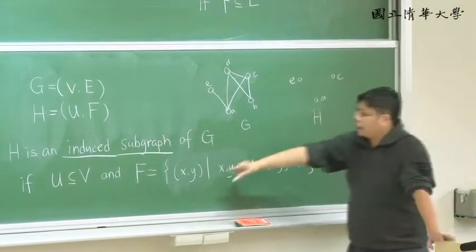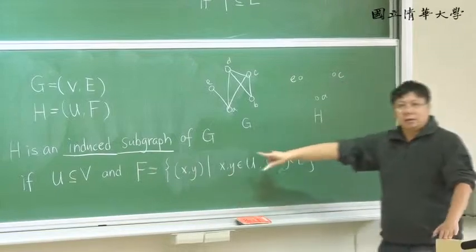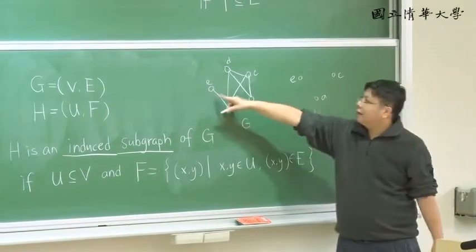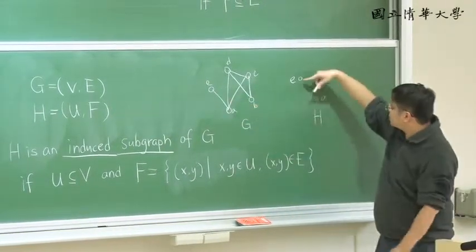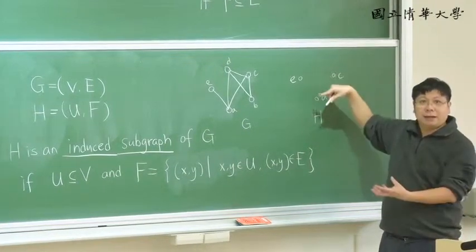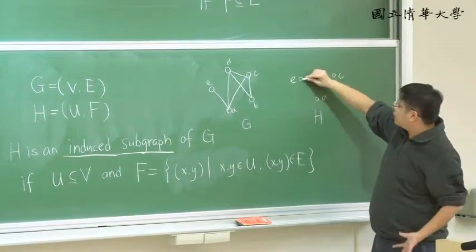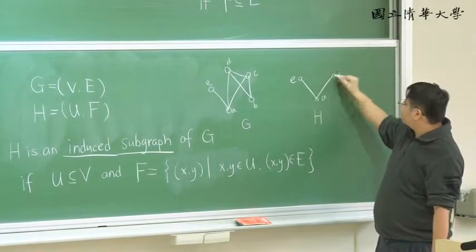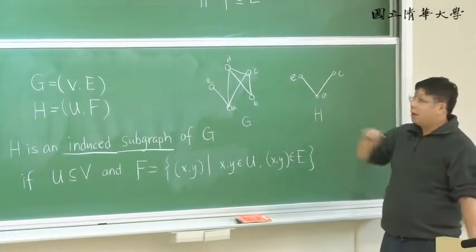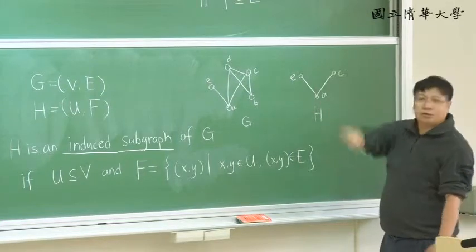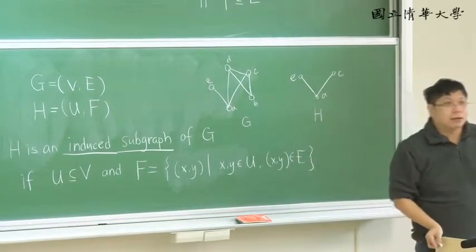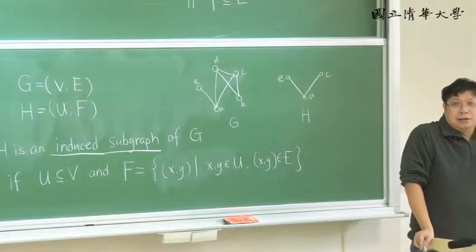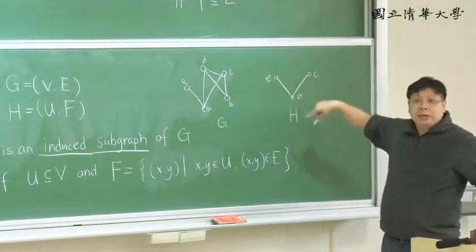But then we require that every edge in the original graph between the vertices that you are keeping must still be there. So if there is an edge AE, then you have to have AE. If there is an edge AC, you have to have the edge AC. And if there is no edge between EC, you should not have any edge between EC.